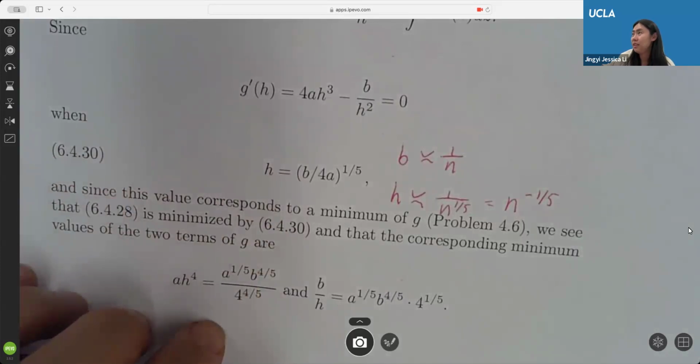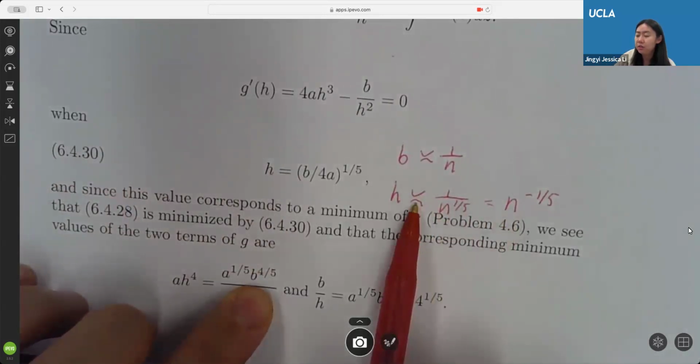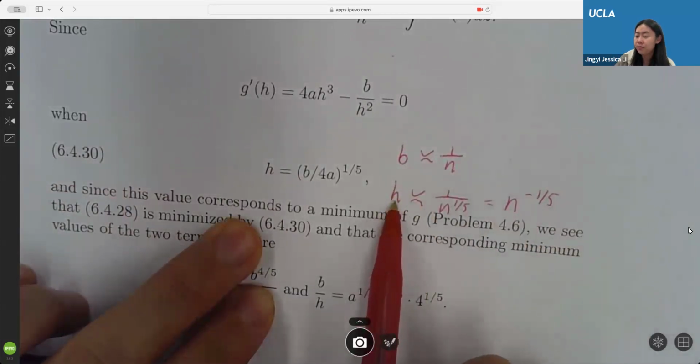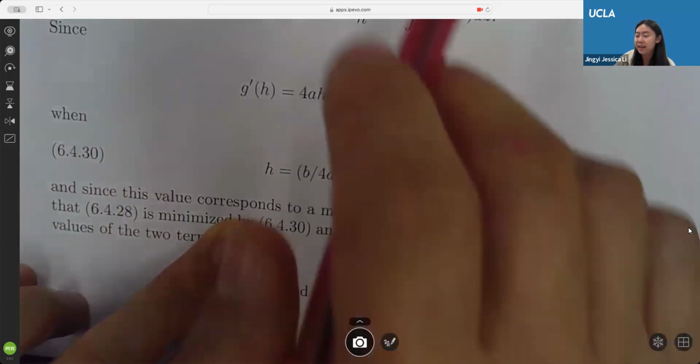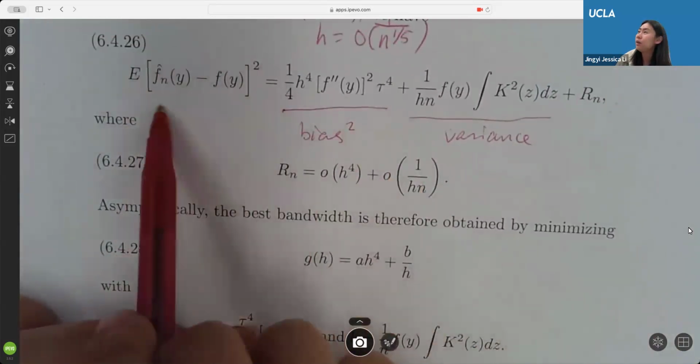So what does this tell you? This tells you a rate, how the bandwidth changes as your sample size increases. And now with this rate, you know the order of h in terms of n, you can put this back in here, and then you can get a rate for the mean squared error.